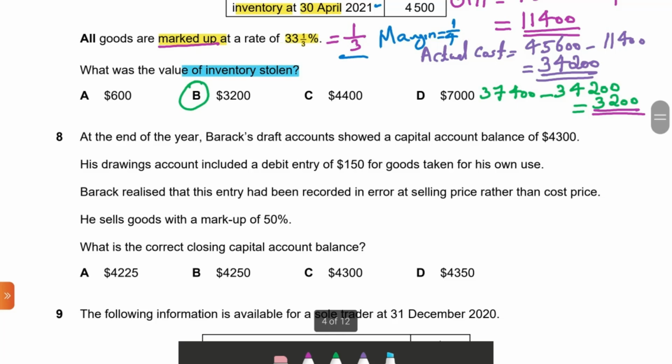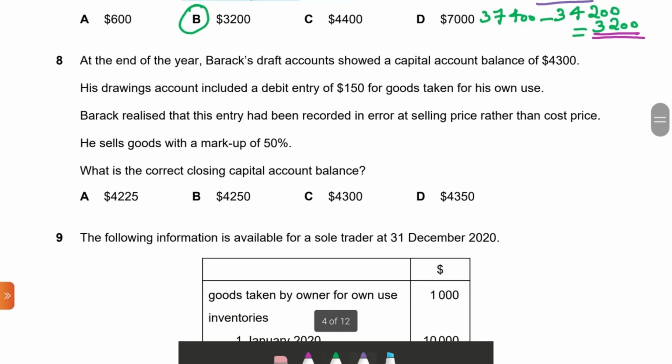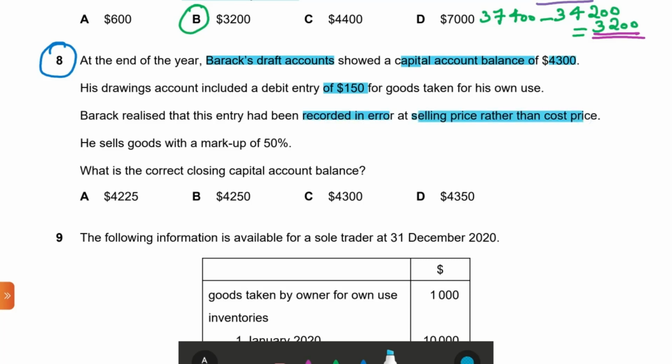Next, question number 8. At the end of the year, Barak's draft account showed capital account balance 4,300. His drawing account included a debit entry of $150 for goods taken for his own use, that is the drawing. Barak realized that this entry had been recorded in error at selling price rather than cost price.